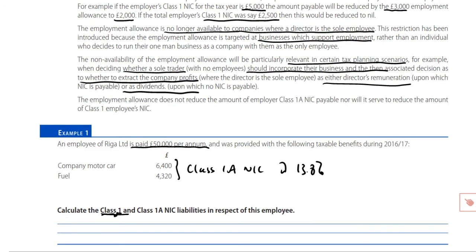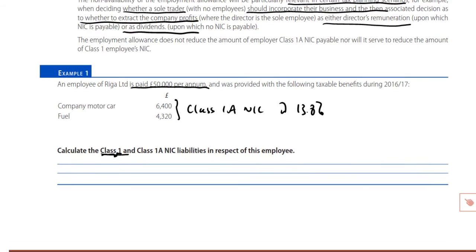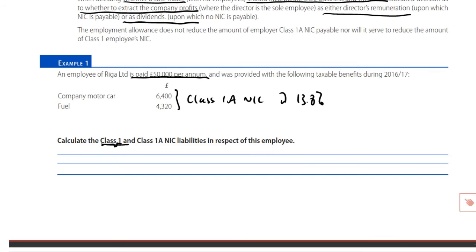What we have, of course, for the employee is an upper limit of £43,000. So far as the employee is concerned, as we've gone above £43,000, the whole band between £8,060 and £43,000 is all going to be taxed at the main rate of 12%.